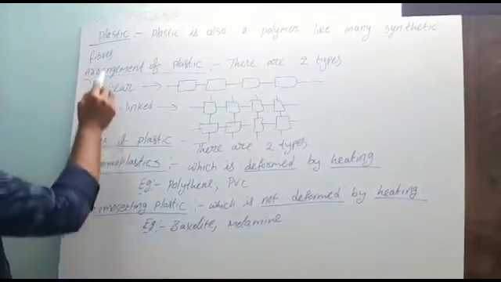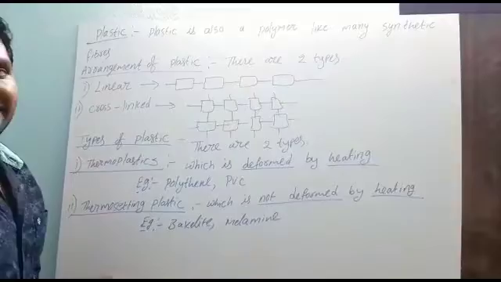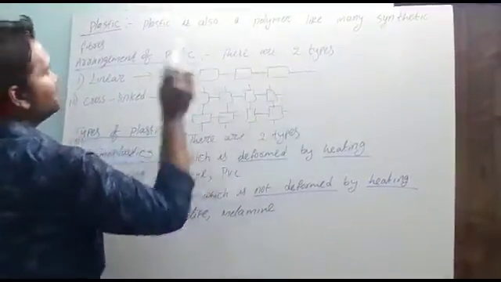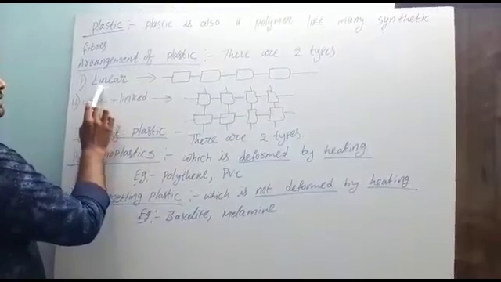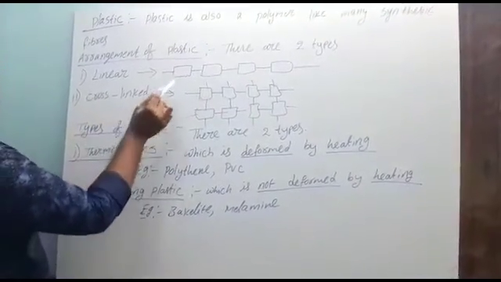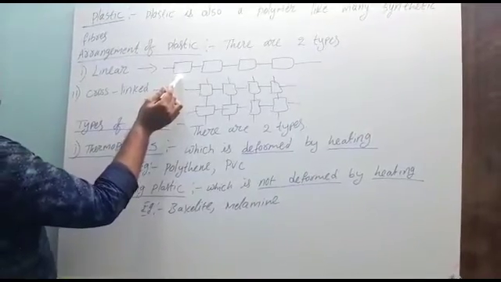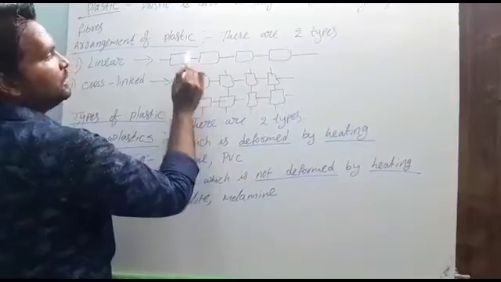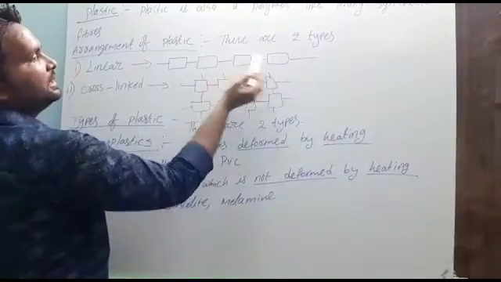So plastic has two types of arrangements. One is linear arrangement and another is cross-linked arrangement. That means monomers are arranged linearly in one single line. See, this is one monomer, this is one monomer, like that.